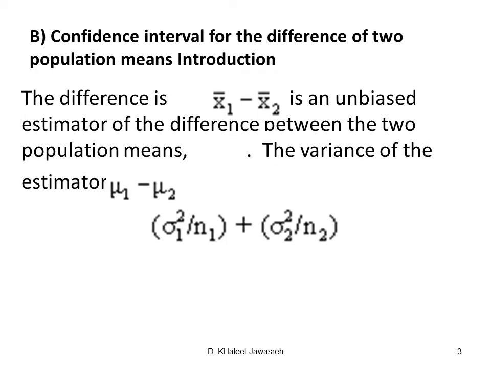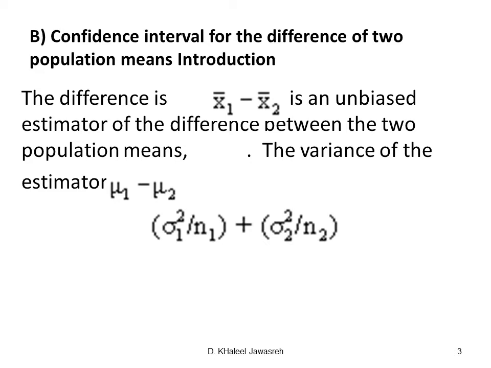So the difference is x1 bar minus x2 bar. If we want to subtract the differences between the two samples, we can simply subtract them, x1 bar minus x2 bar, which is an unbiased estimate of the difference between the two population means.